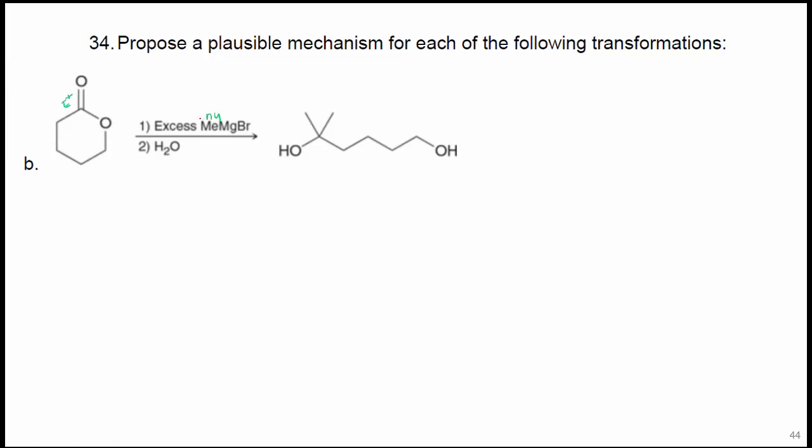The nucleophile, the methyl part, is going to react with this and bring those electrons up. So we'll have a negative charge, and I've added my CH3, or that methyl group.